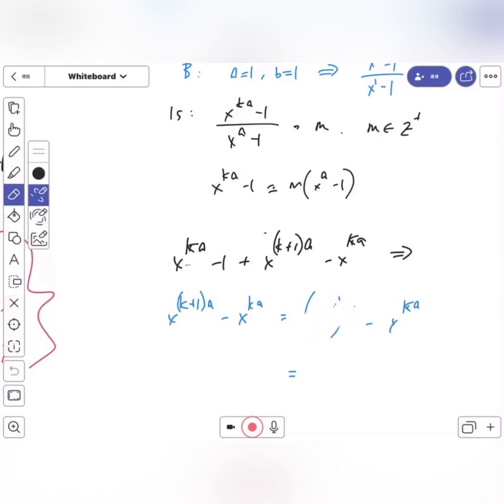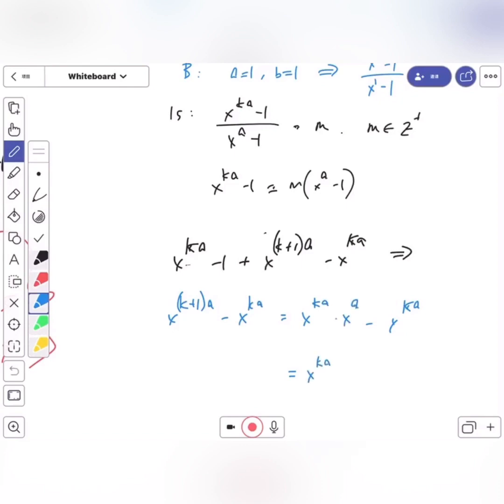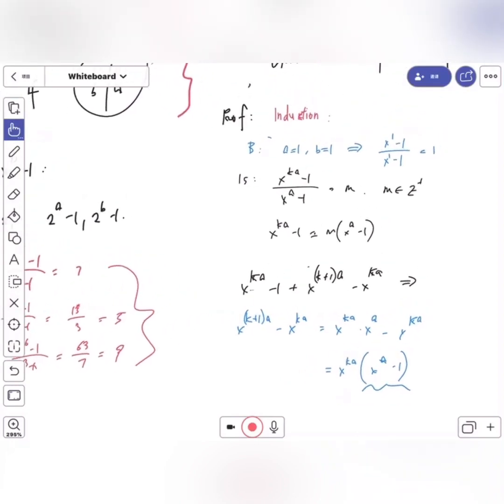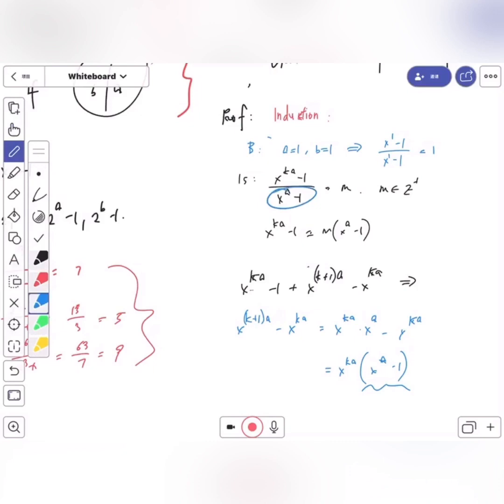Excuse me for this part. So this one is x to the ka times x to the a. So factor this out, we're going to get x to the ka times (x to the a minus 1). And this is essentially x to the ka times (x to the a minus 1).